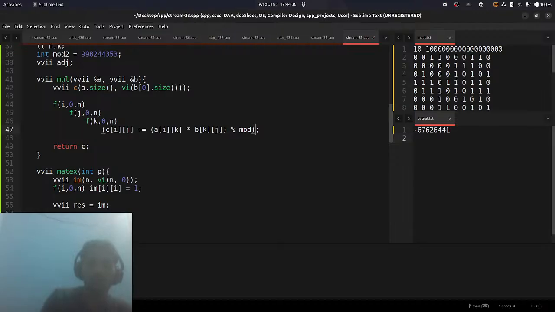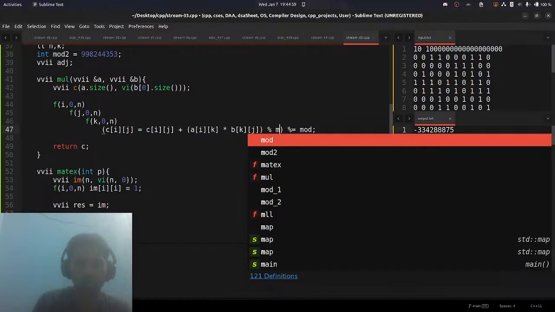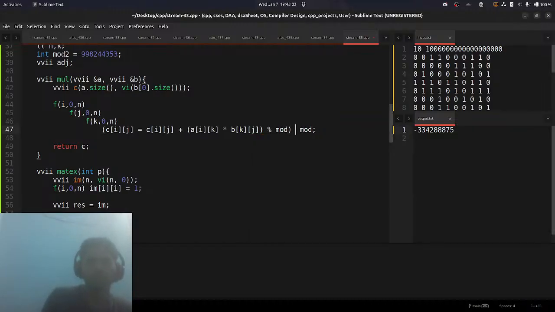Probably we don't need this thing. So we will mod this, and then we will also mod this. So I think now it should work.